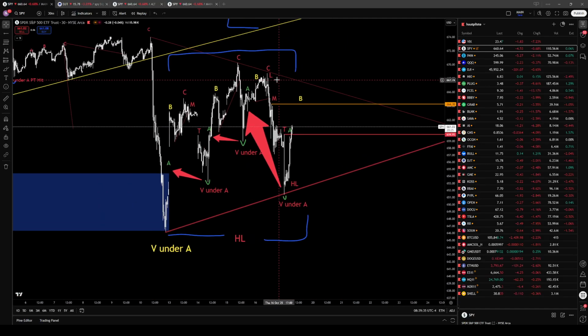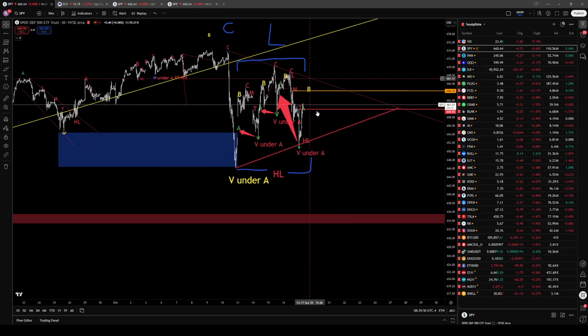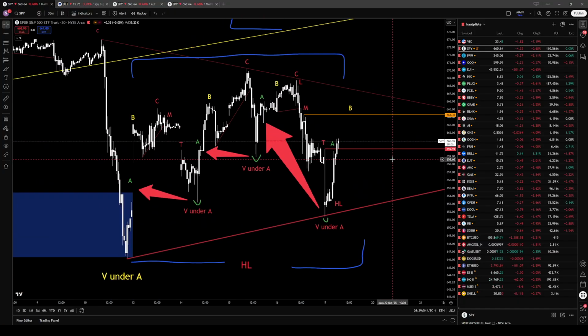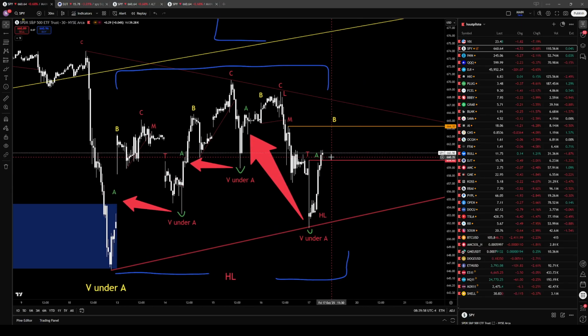Because the second time you touch this trend line on the daily, this would mean that this pullback was nothing of what would come. But right now I would look at it bullish. It looks perfect right now.